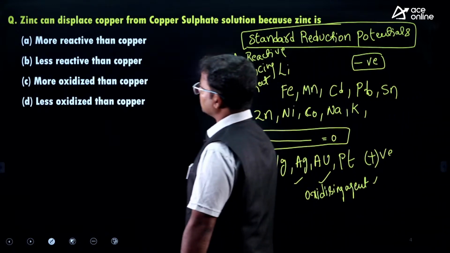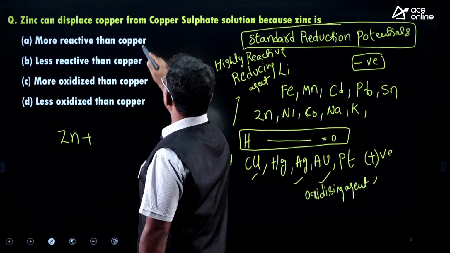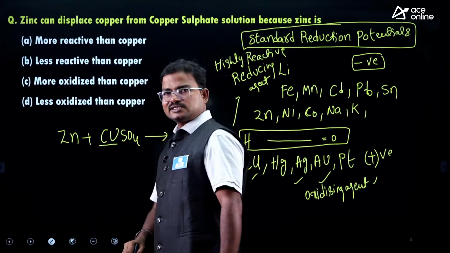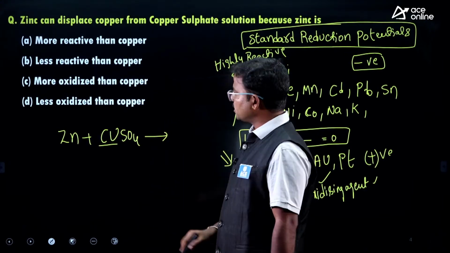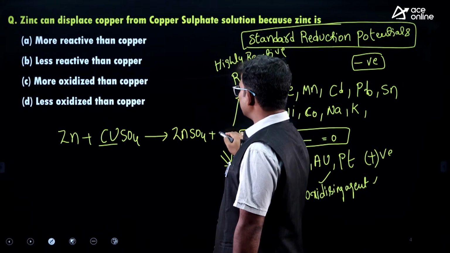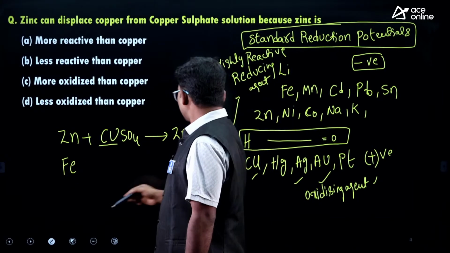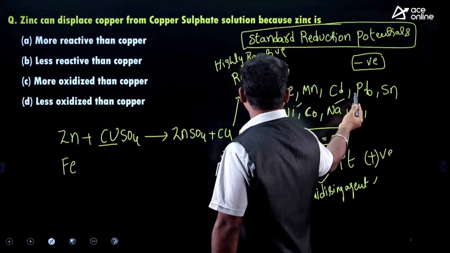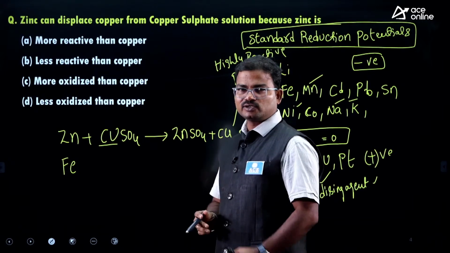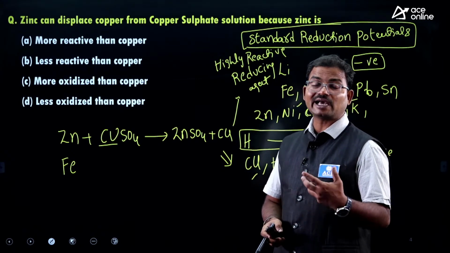So here also same thing. So zinc, here it is, zinc. When it reacts with copper, if you consider copper sulfate, this copper can easily be replaced by a highly reactive metal, nothing but zinc, ZnSO4. Finally here we can get copper. Not only zinc, if you consider iron, or nickel or sodium or potassium or manganese or tin, whatever it is, above the hydrogen almost all these metals are highly reactive.